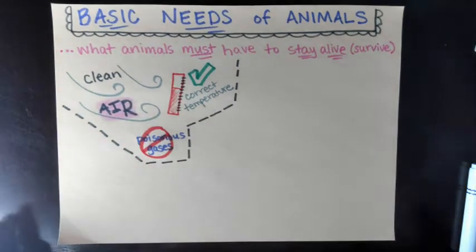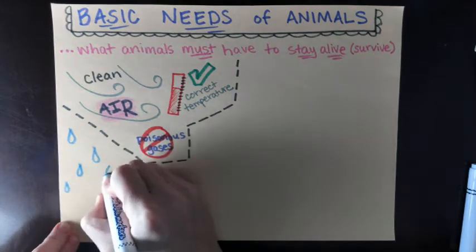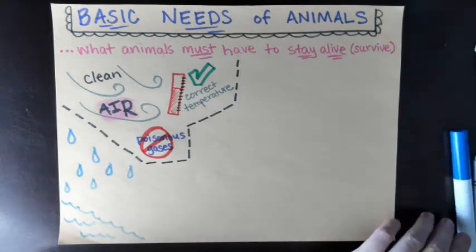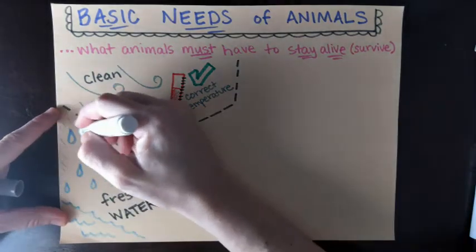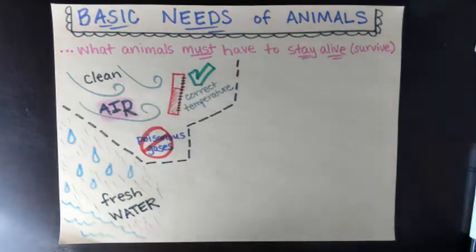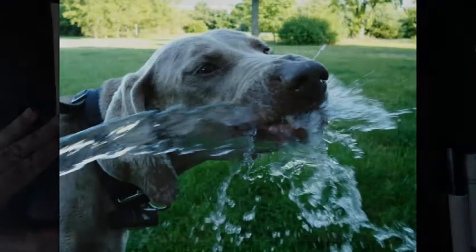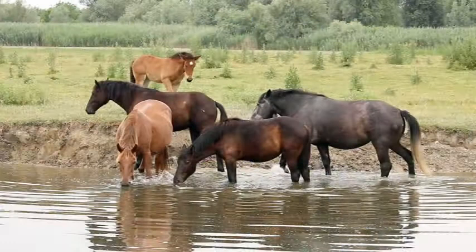And just like plants, animals need to have their air at a correct temperature, not too hot, not too cold. A second basic need of animals is water. Most animals drink fresh water that needs to be clean and not full of any harmful bacteria.